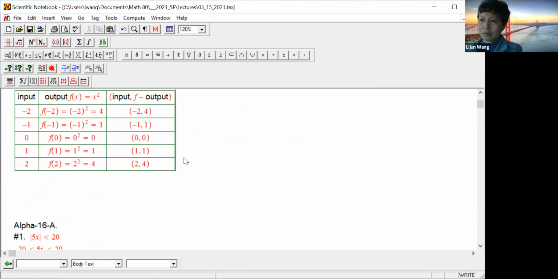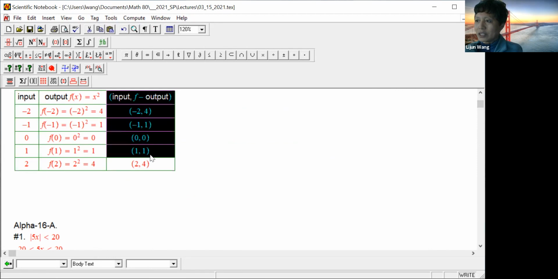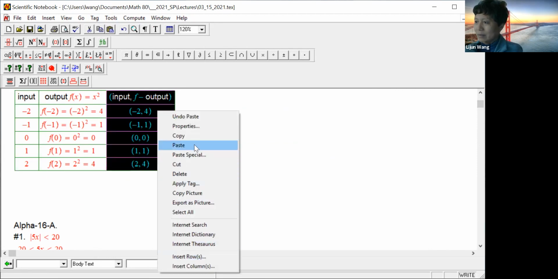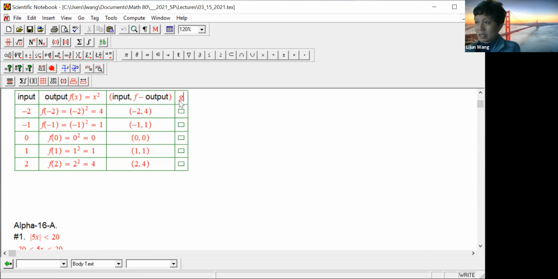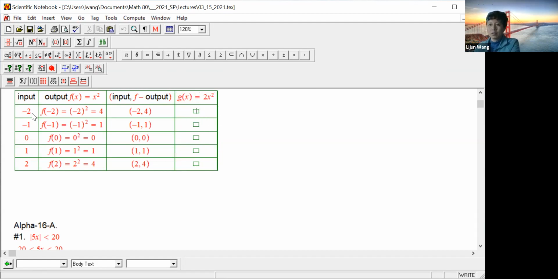Okay, the F output. And this time my G, let me insert a column. My G is going to be 2 times x squared, with the same input. So what will happen?